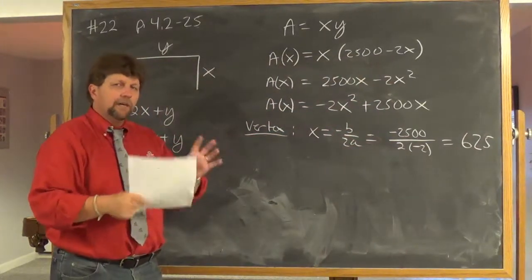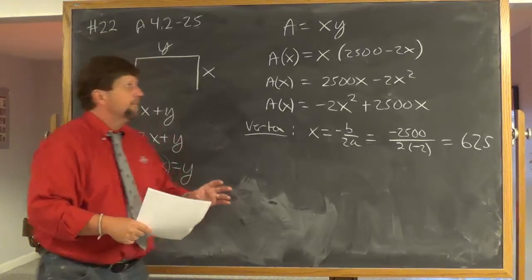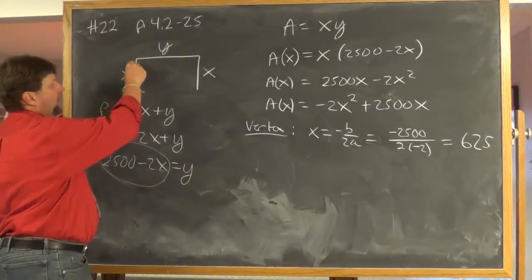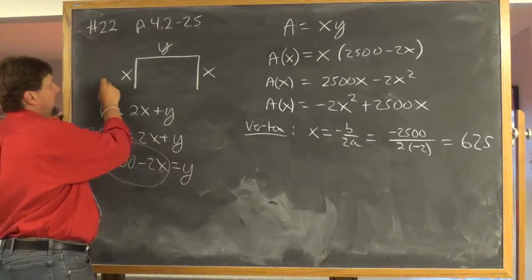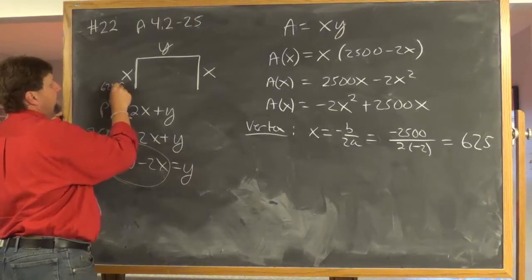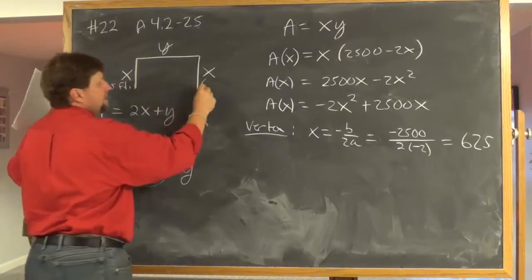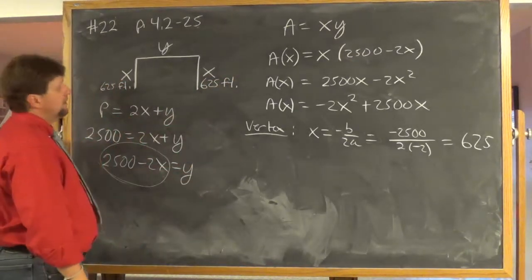Now let's think about what we just found. We found x is 625. We have just found that one side of this rectangular parking lot is 625 feet. That's what x is. Which means this side must also be 625 feet.